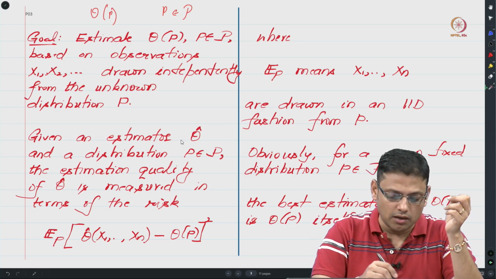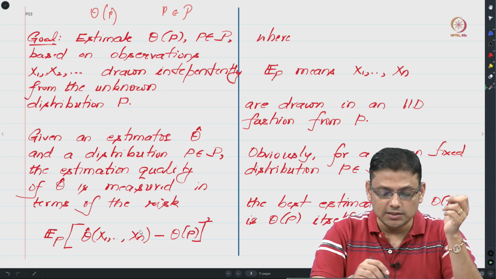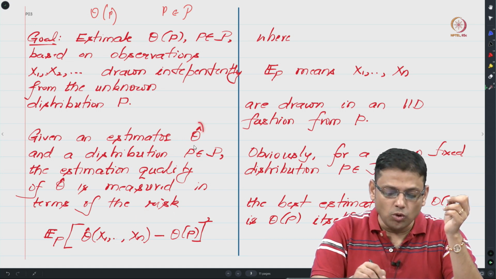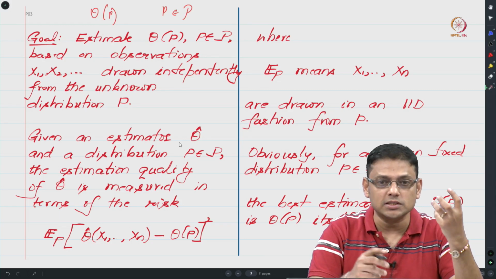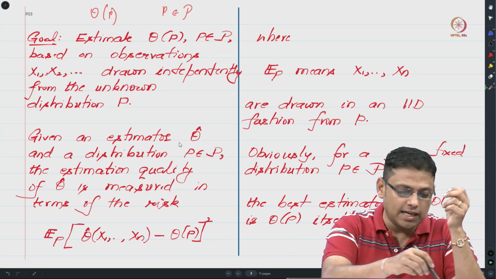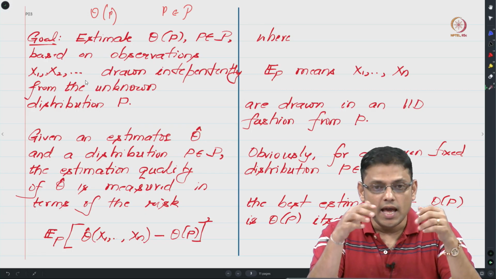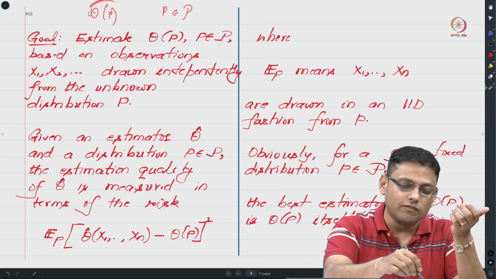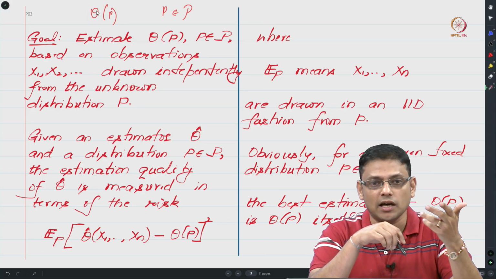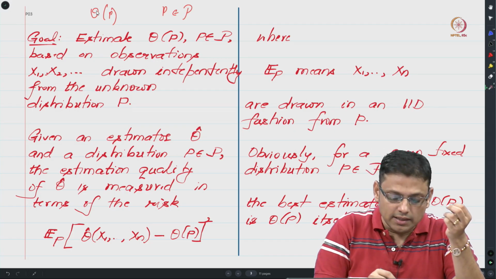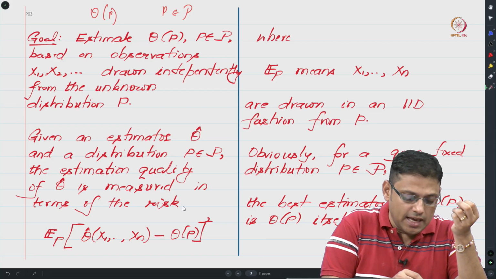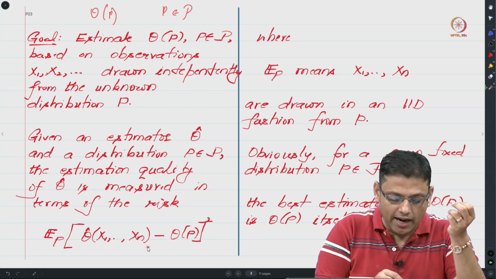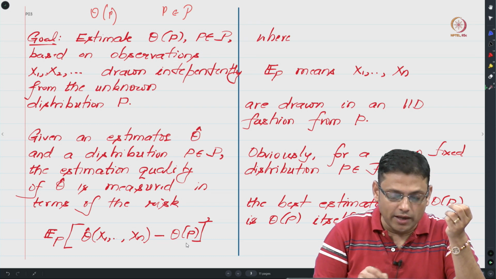So what this risk concept is over here is that, suppose you have some estimator theta hat. The estimator theta hat's job is to take in your observations, that is x1, x2, x3 and so on, and spit out an estimate of this quantity of interest, which is theta of P, and the risk is basically the squared error, that is the expected value of theta hat of x1 to xn minus theta of P, the square of that.